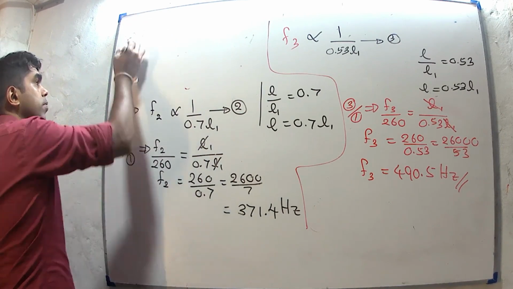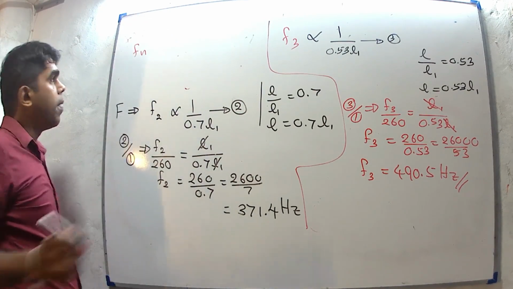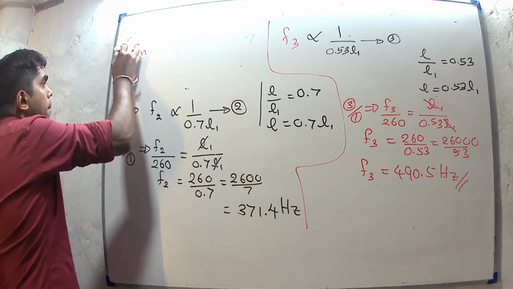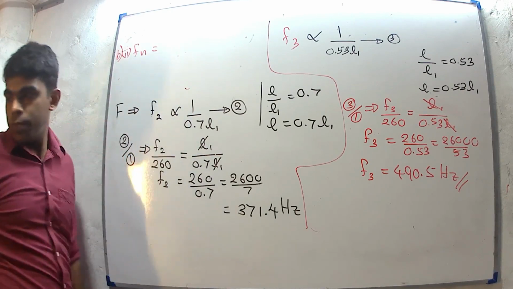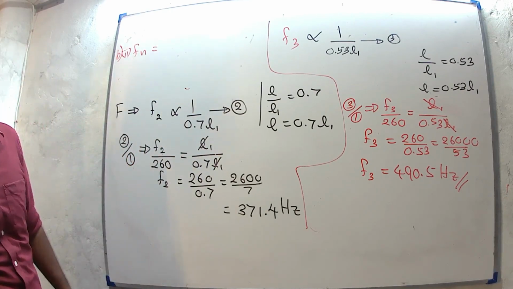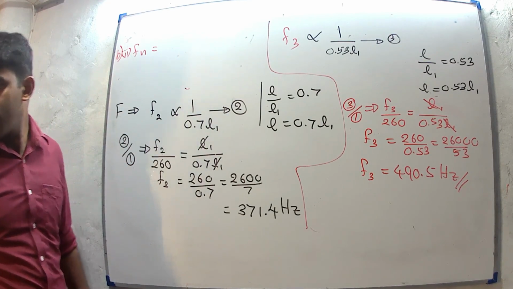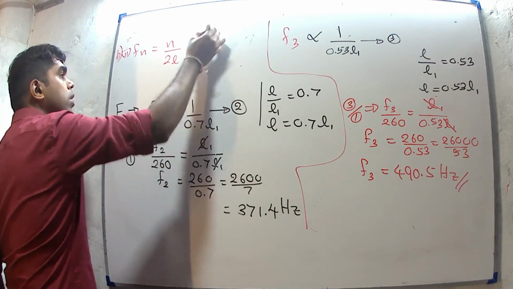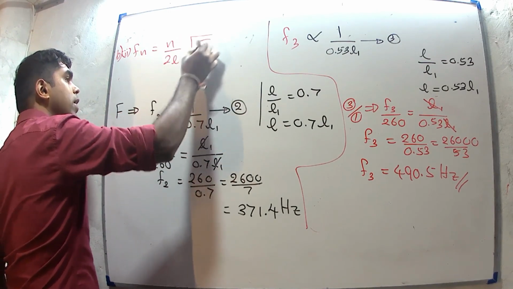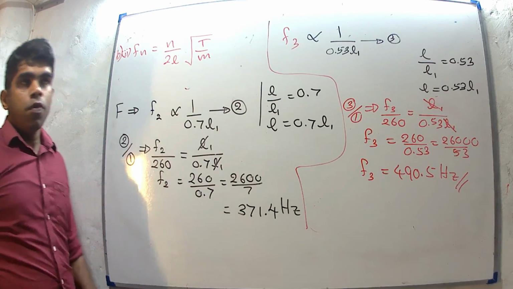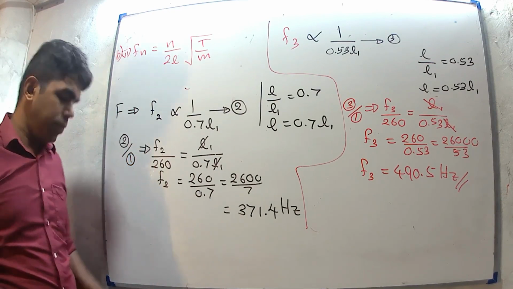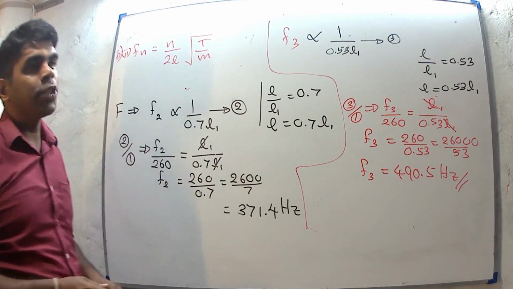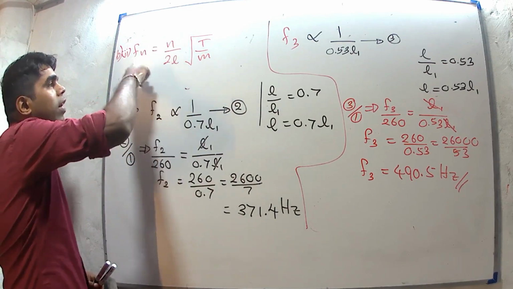Fn equals n over 2L square root of tension over m. When considering the fundamental, we know that there is only one loop, so the n value is 1.